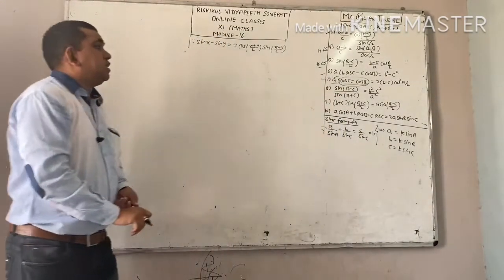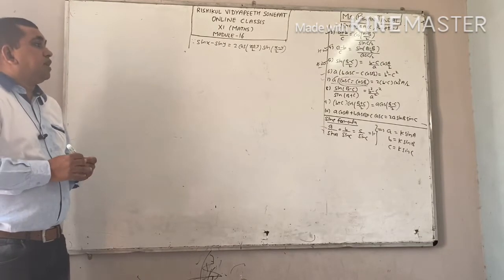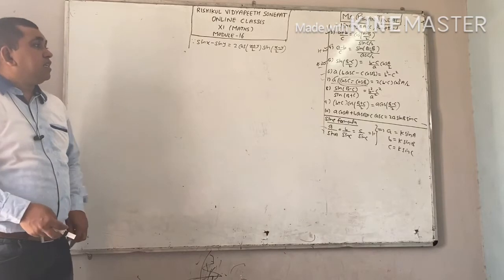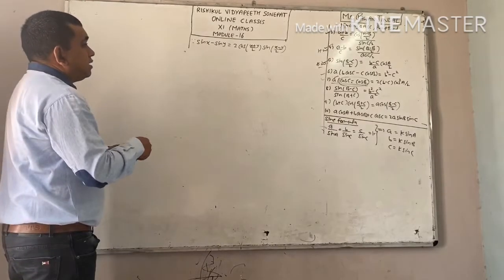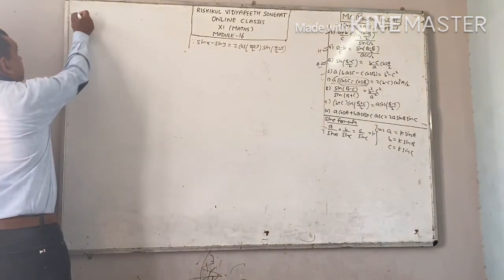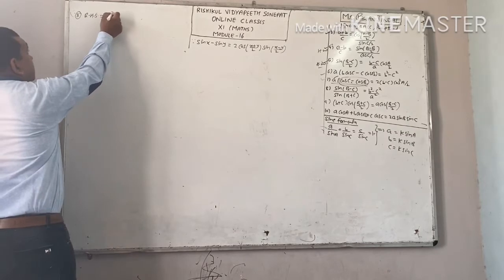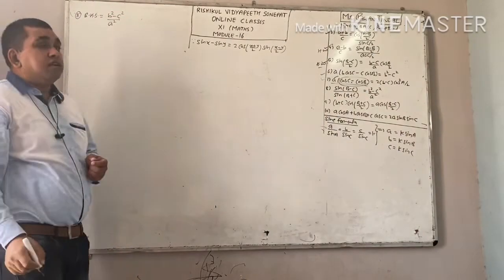Sin B minus C upon sin B plus C is equal to B square minus C square upon A square. You can start from left hand side as well as you can start from right hand side. I am doing it from right hand side. Right hand side is equal to B square minus C square upon A square.